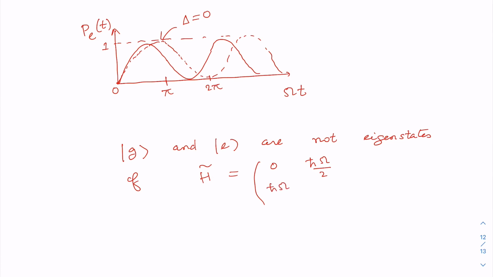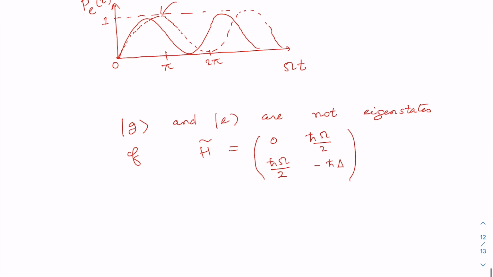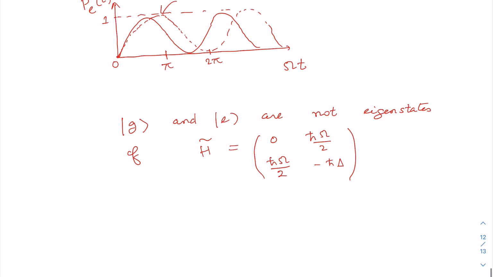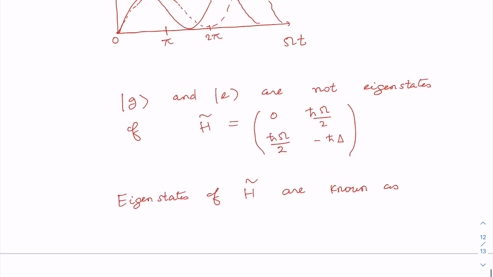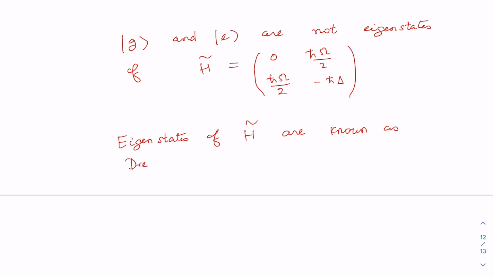So clearly |g> and |e> are not the eigenstates of this Hamiltonian. In fact, eigenstates of the Hamiltonian we can work out, and they would be different from |g> and |e>, and they are known as dressed states. Eigenstates of H tilde are known as dressed states.